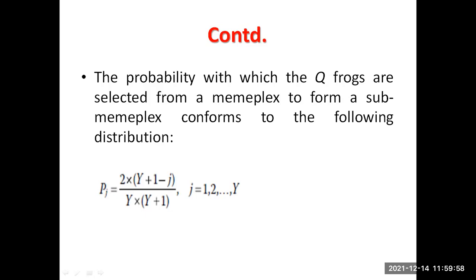Like in a country, sometimes a group of people demand a smaller state or a smaller district. So who will lead this? Who will be the leader of this particular colony? That is based on something.